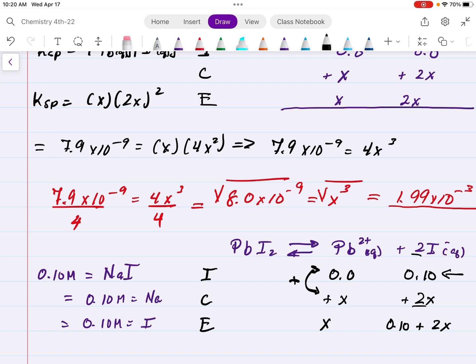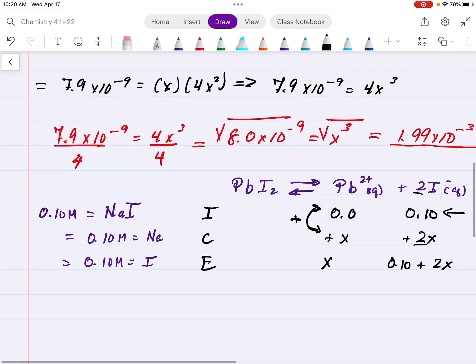Now, this kind of looks a little bit complicated, but here's what you need to remember, okay? Take a look at this value here for the Ksp. It's to the -9, right?